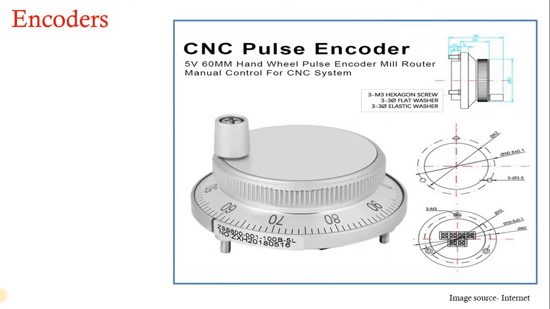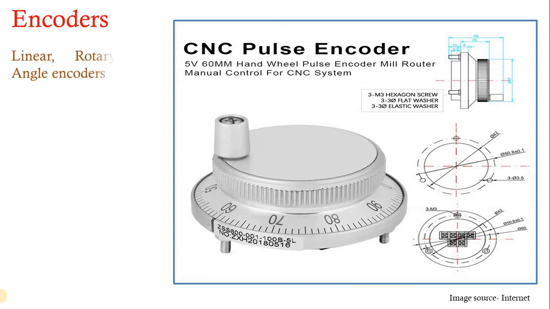Along with this, the CNC has encoders and feedback devices. The feedback devices are transducers and encoders. These feedback signals are compared with the input signal and error correction is done. So you can see the encoder.